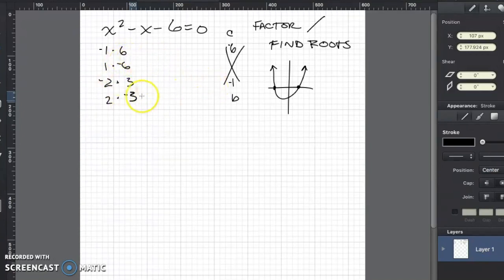But out of these numbers, that should be it. Out of these numbers, which of these gives me that -1? Well, it's going to be this guy right here.